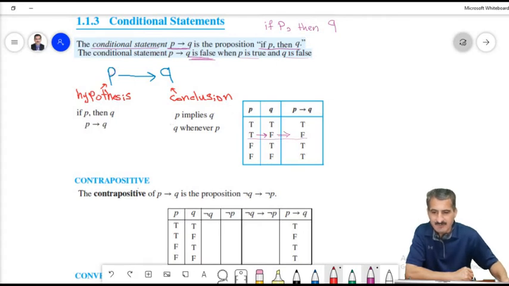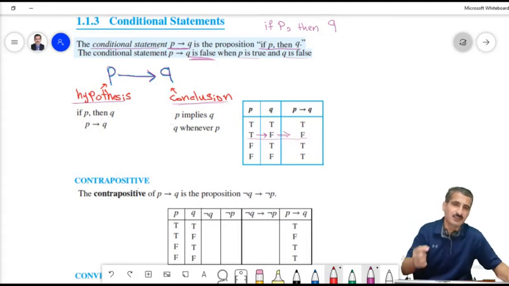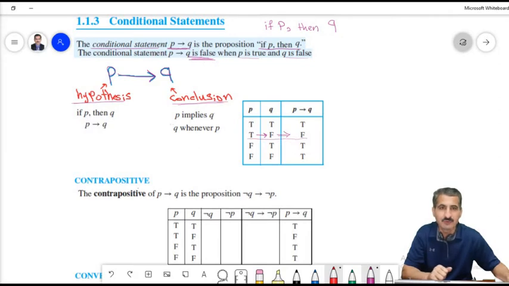Now we have here P gives Q. Again, this is the conditional statement. We will call the given proposition, which is the given information, the hypothesis. So we need to know this word. And what's happening after having P, then we conclude something, which is Q. So we call Q the conclusion.